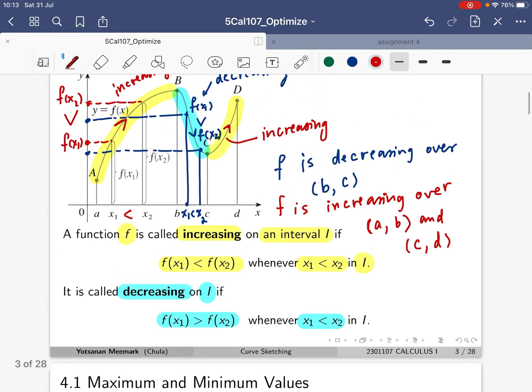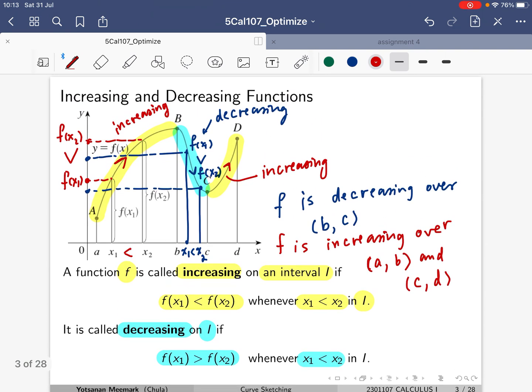Why do we have that theorem? Let's look at this picture again. For the increasing part, if you pick one point here, a point on the graph, and construct a tangent line, you see that along this increasing curve, the tangent line makes less than 90 degrees with the positive x-axis.